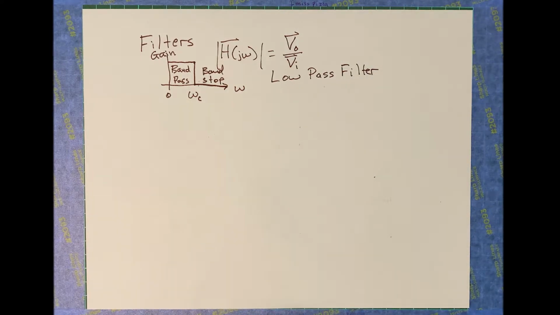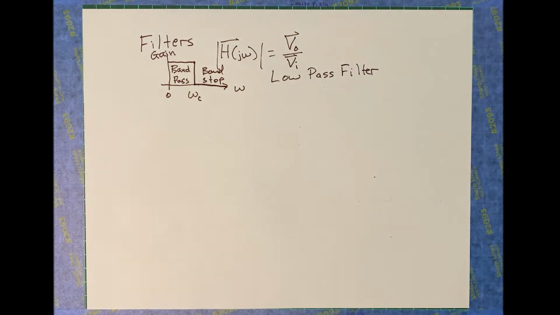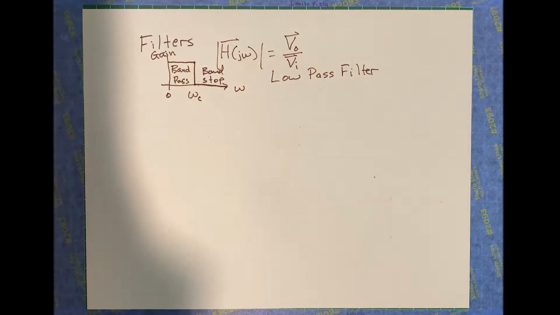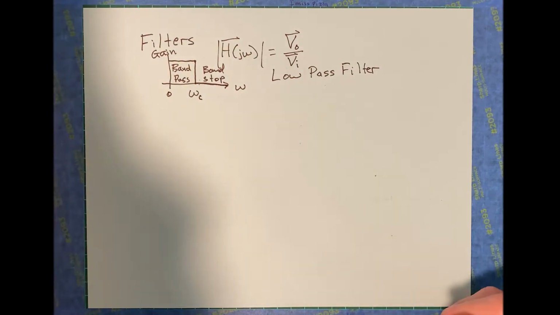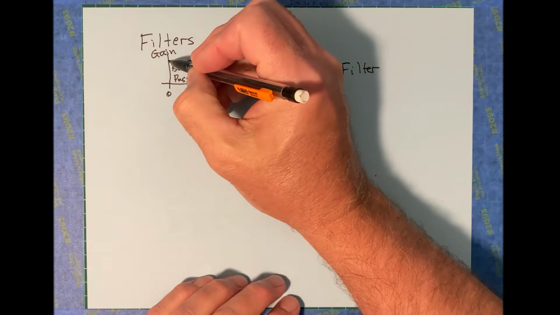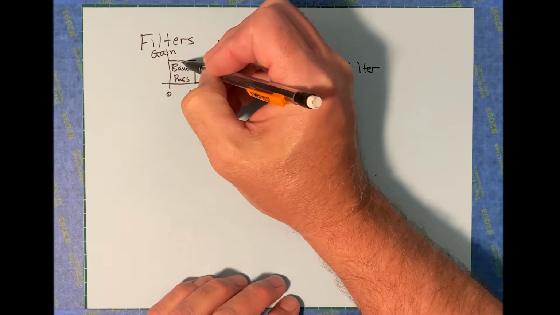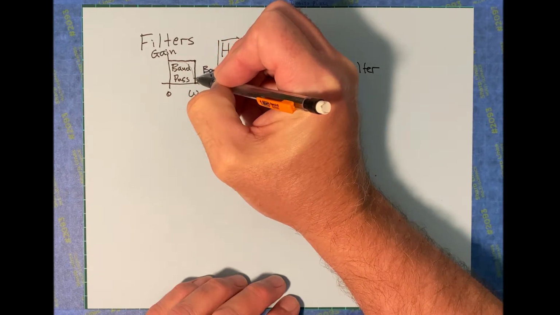Never is it going to be the case that the cutoff frequency is so sharp like that. We're dealing with realistic, real-life components, so it's probably going to look something more like this, that it's going to be a smooth curve that maybe does something like that.